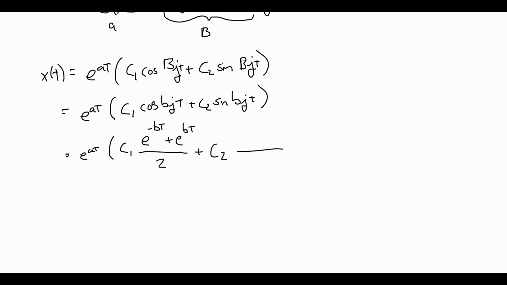And here I have the sine of an imaginary function, which is going to give me a hyperbolic sine, but I can rewrite this also as exponentials, e to the negative bt minus e to the bt, and that's over 2 times j.